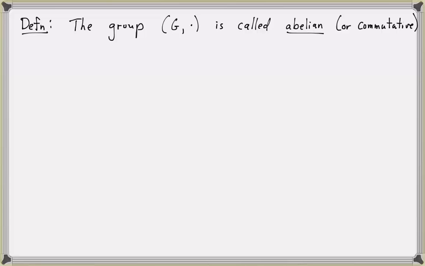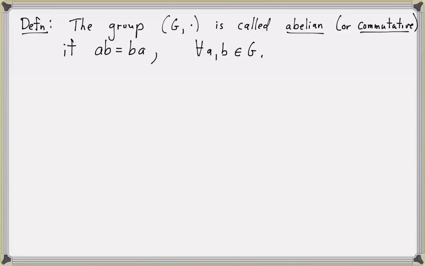Some more definitions. The group G with its binary operation multiplication is called abelian, or simply commutative, if A times B equals B times A for every elements A and B in G. When dealing with common sets of numbers like the real numbers, we kind of take this property for granted, that the order of a product doesn't matter.